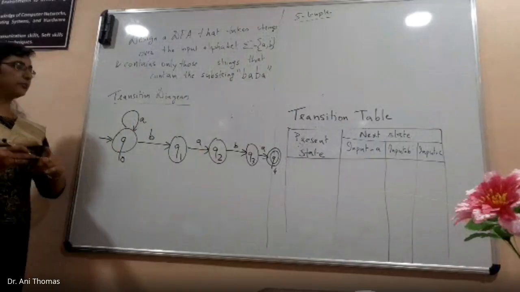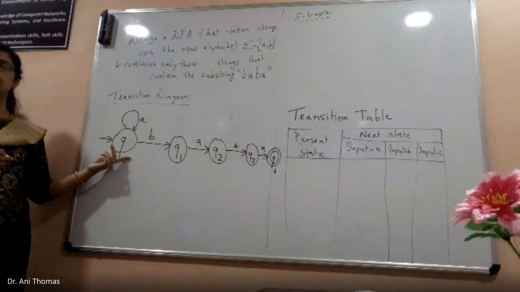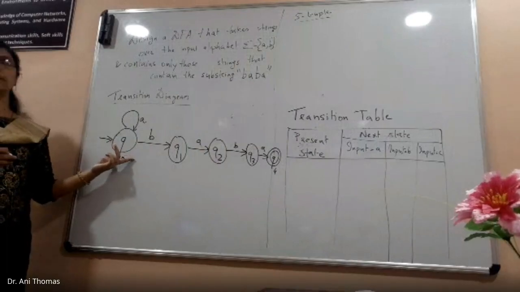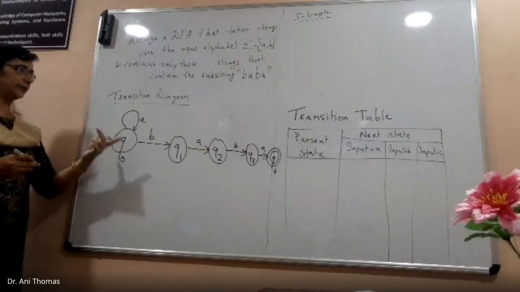So we will put it on to itself, that is the nearest state. Q0 on input A will be going to Q0 only.